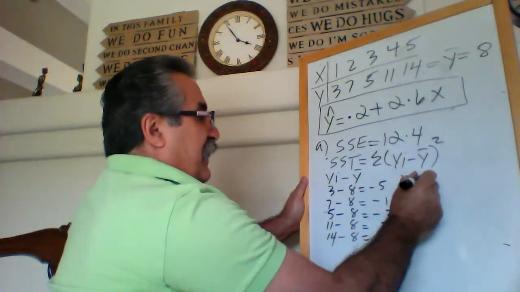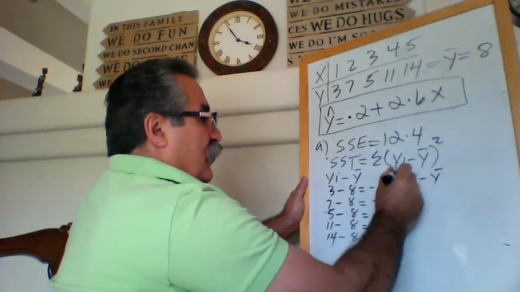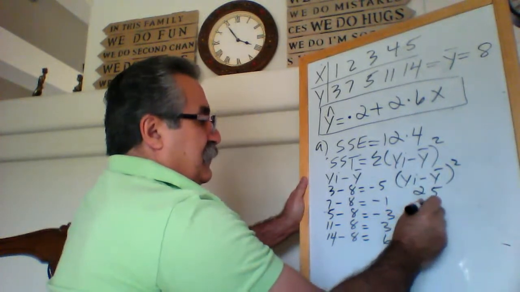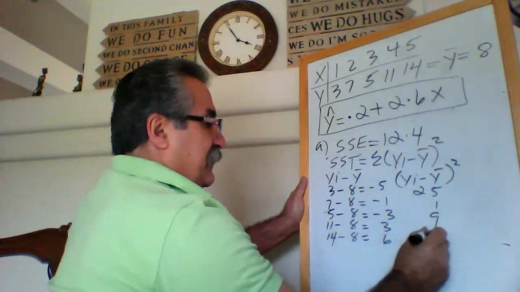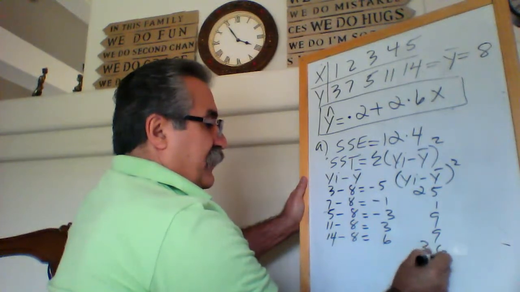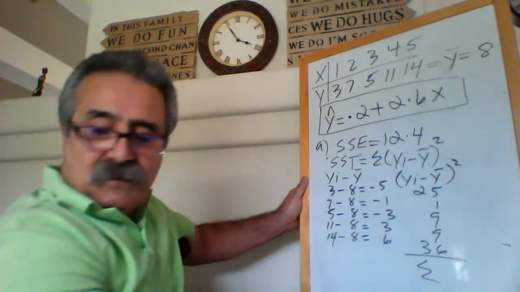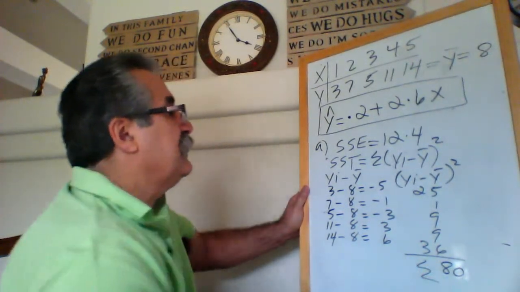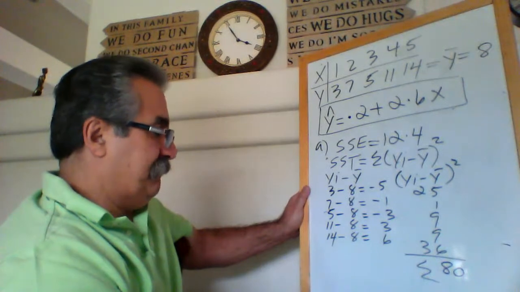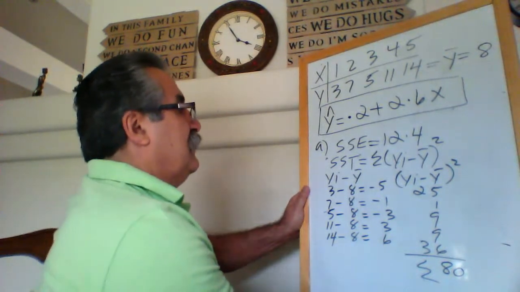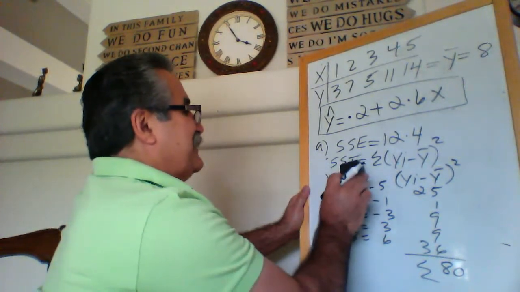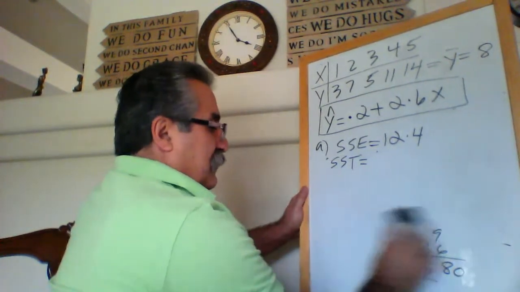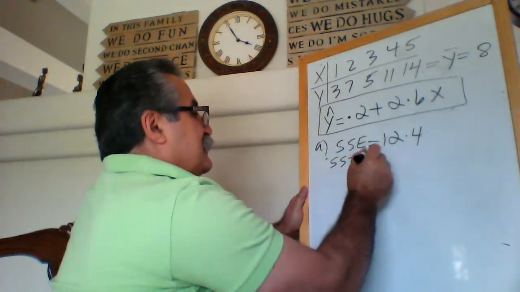Squared: 25, 1, 9, 9, 36. Now you apply the sigma, that's equal to 80. So SST is equal to 80.